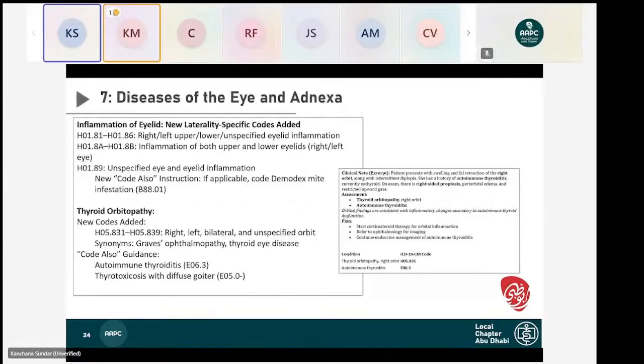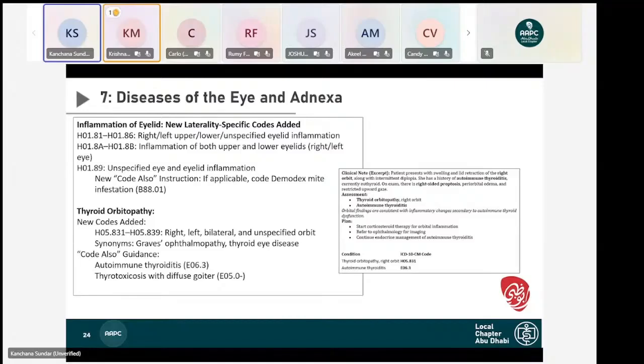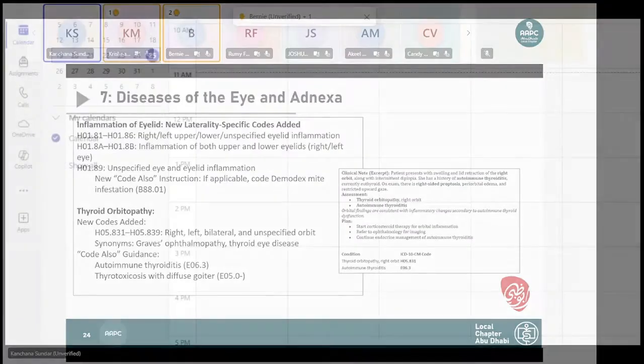That 487 was all about laterality, sites, most of the cases, and a few diseases which we have to recollect and remember. So inflammation of the eyelid is being expanded to multiple sites. So laterality is included, and also the site on laterality is included, and unspecified is also available.